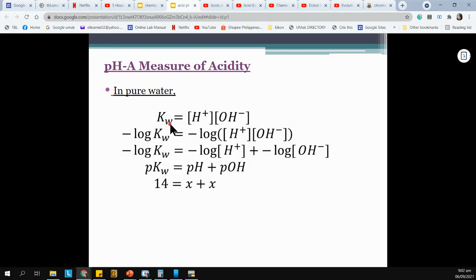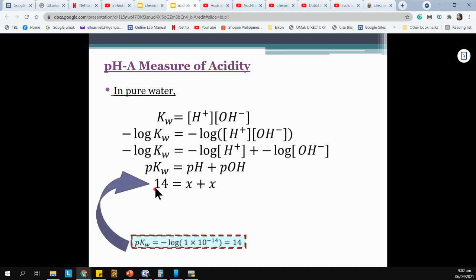Okay, so here is how we usually can solve for the pH and pOH. Di ba remember na sinabi natin kanina, yung pH is coming from the value of hydrogen ion concentration. pOH is derived from that. So we can actually compute for that given that the pKW is equal to 14. Then x plus x will give you 2x.